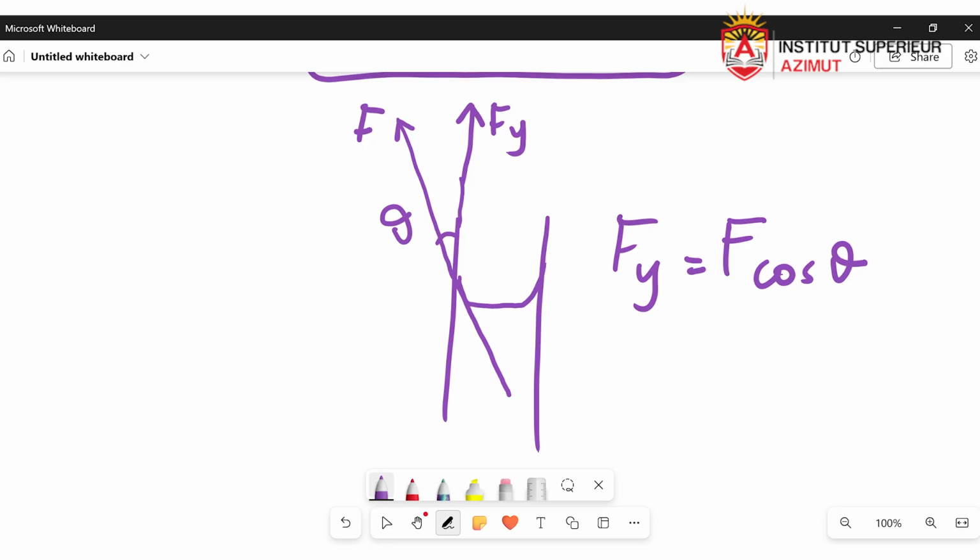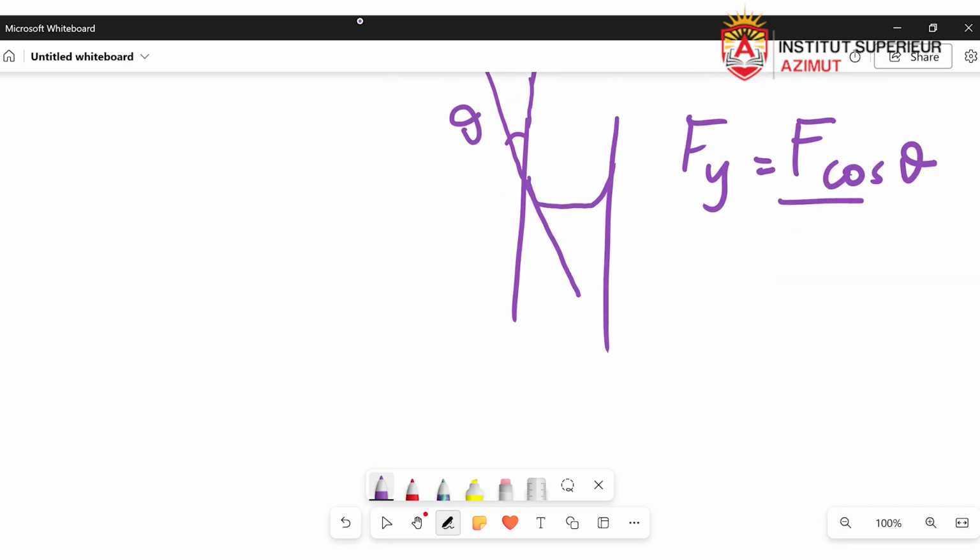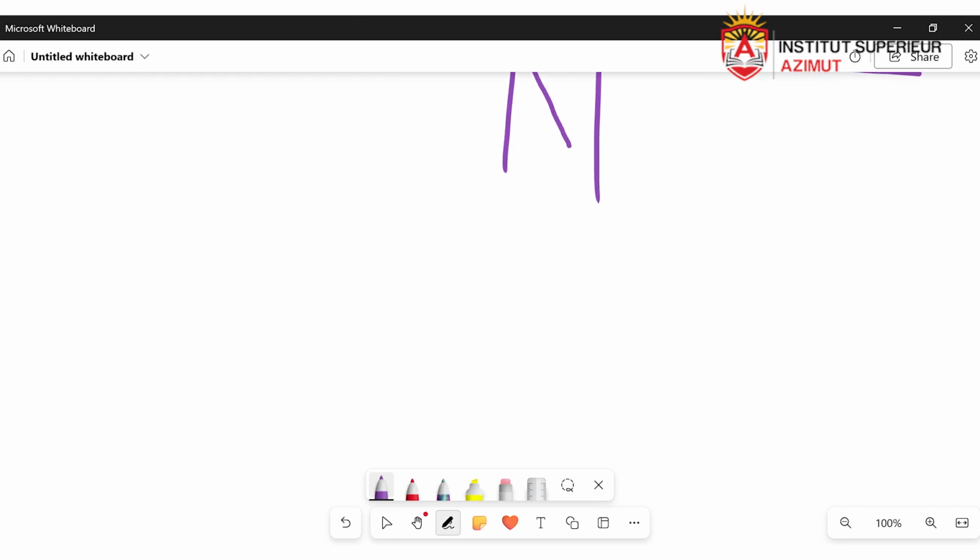So we know that the vertical component in this case is going to be given by F cos theta. And this force has to be balanced by the weight. So the equation is the weight, which is mass, the mass of the water that has risen, times gravity. So the weight has to be equal to the vertical component of surface tension.